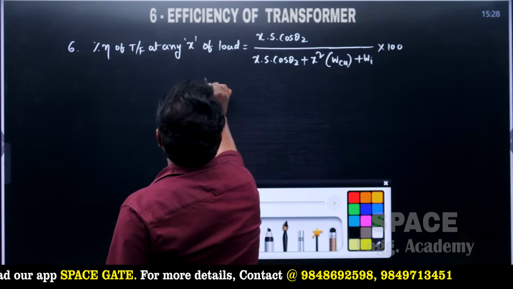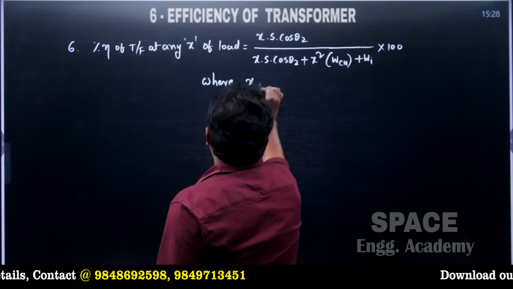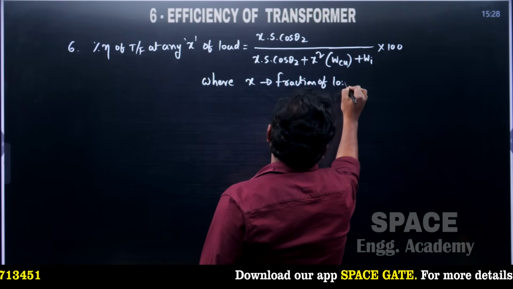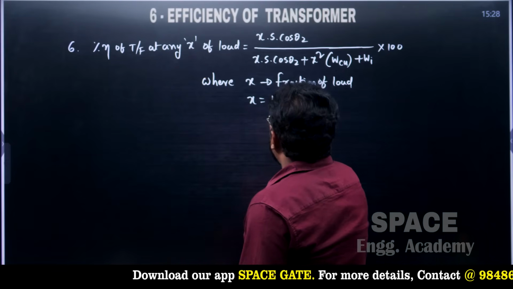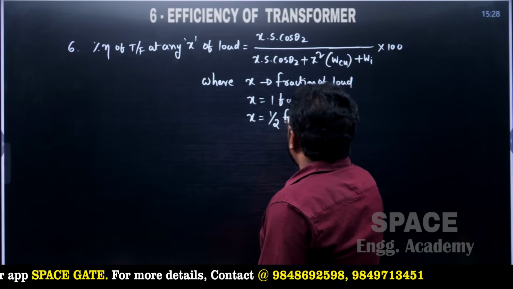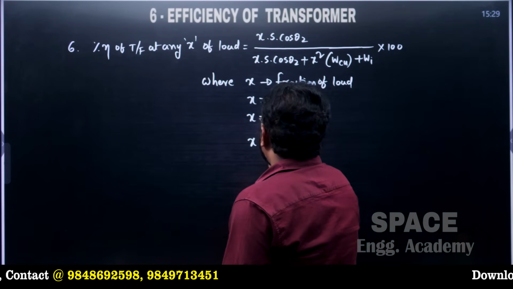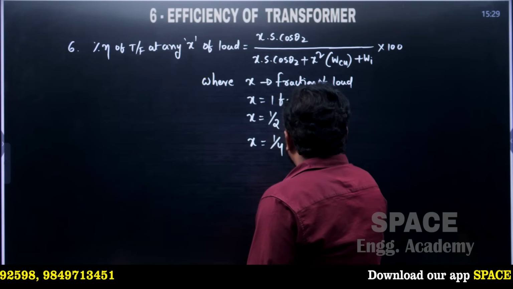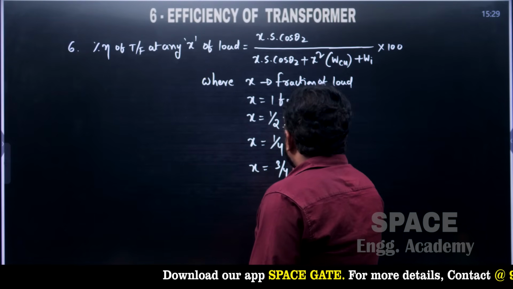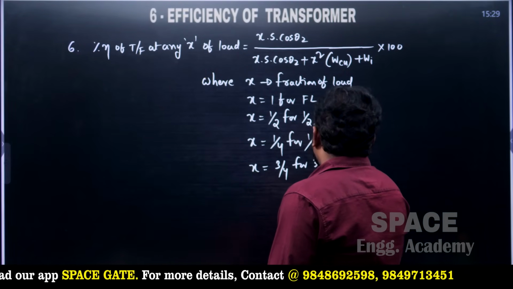In this case, x is a fraction of the load. x is equal to 1 for full load condition, x is equal to 1/2 for half full load condition, x is equal to 1/4 for 1/4 full load condition, and x is equal to 3/4 for 3/4 full load condition.